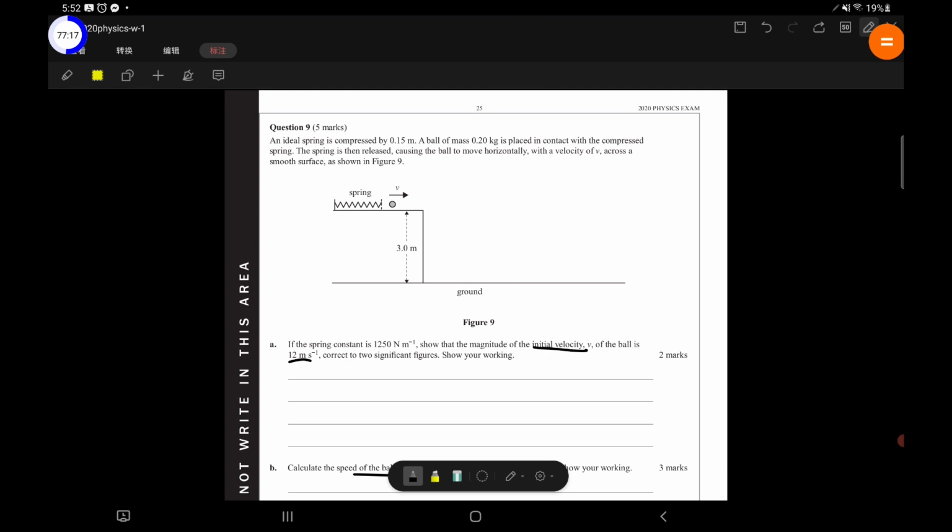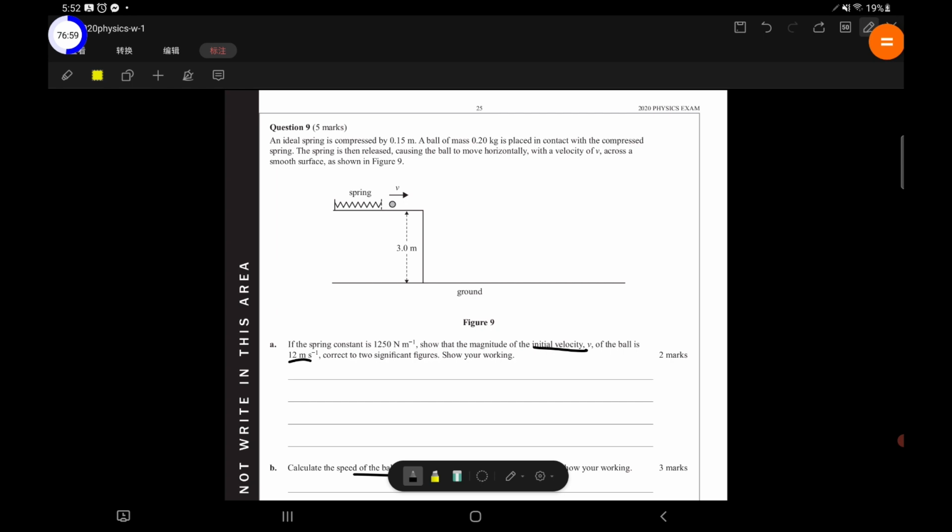So how can we do this question? Well, always we have to try to find connections between what we know and what we're trying to find. In this case, we're trying to find the initial velocity. But what do we know about the scenario?